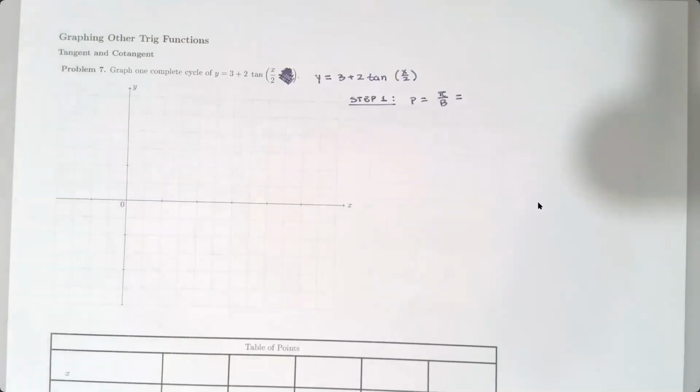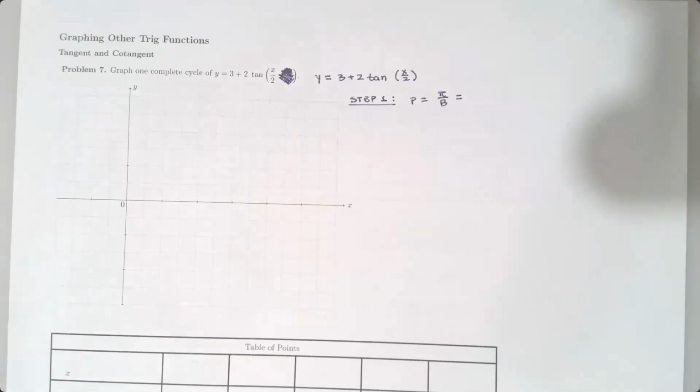Anyone want to take a guess? X over 2. Very close. It's actually just the 1 over 2, right? Thank you for, is it Lee that commented on chat? So thank you. It's 1/2.